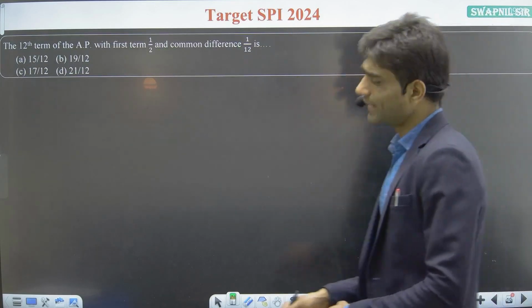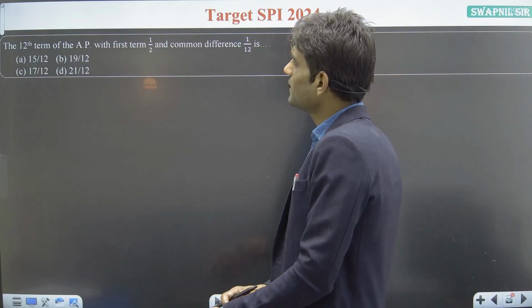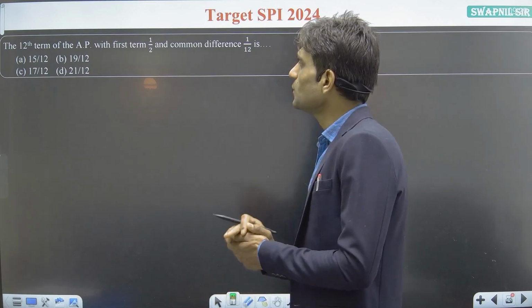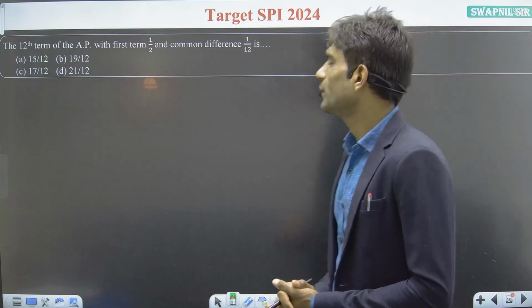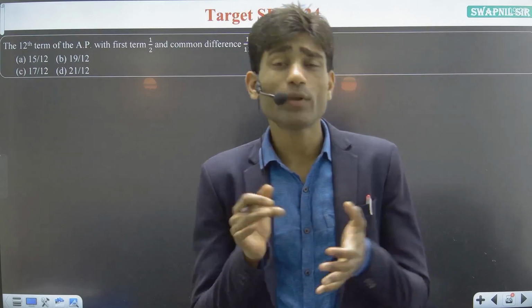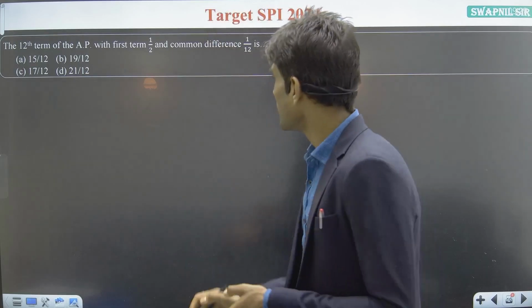In our next example, we are given the 12th term of an arithmetic progression with the first term 1 by 2 and common difference 1 by 12. So first of all, write down what is given in our question.